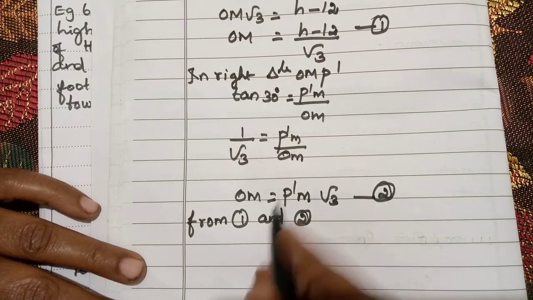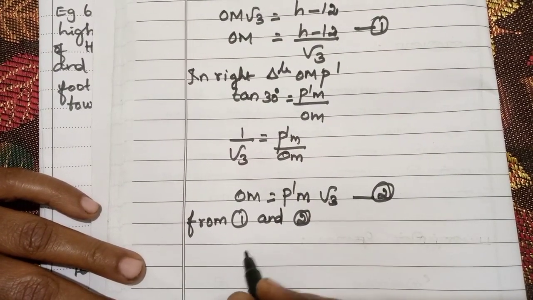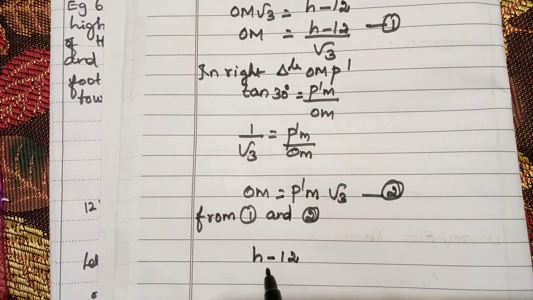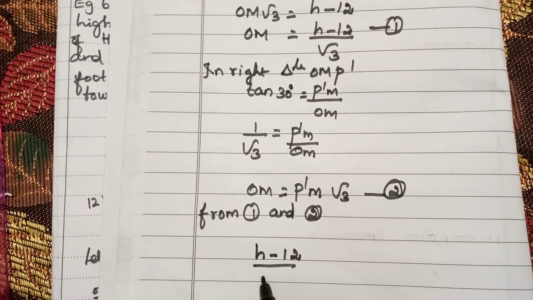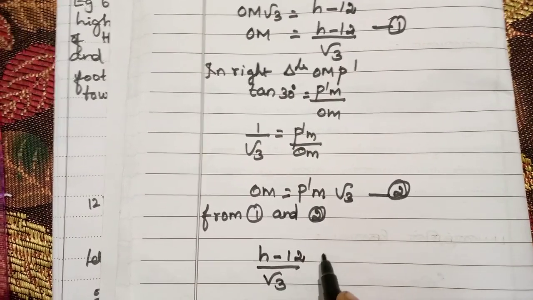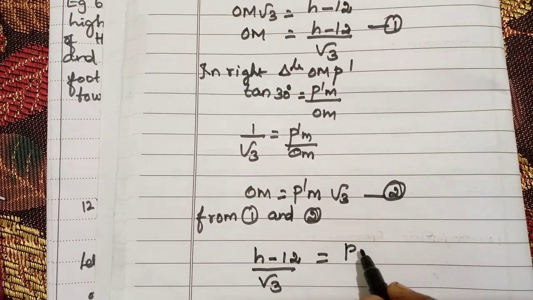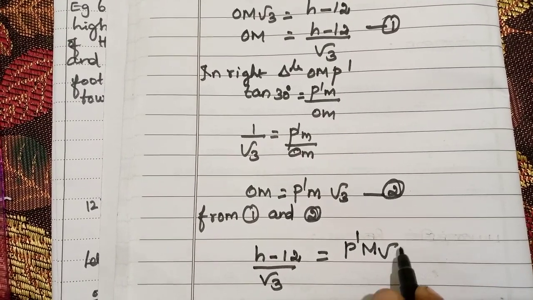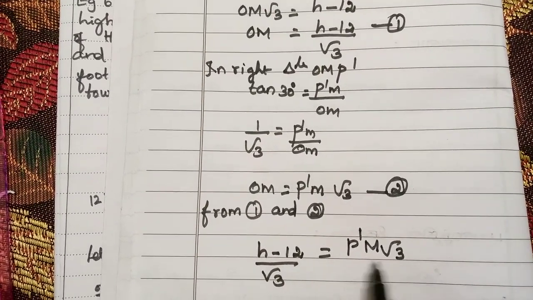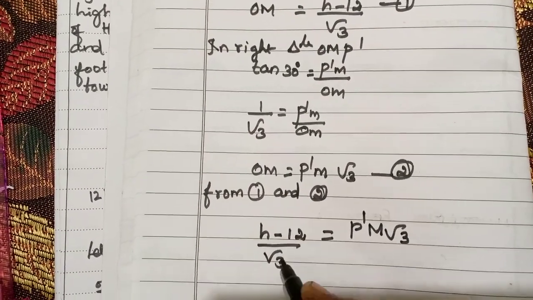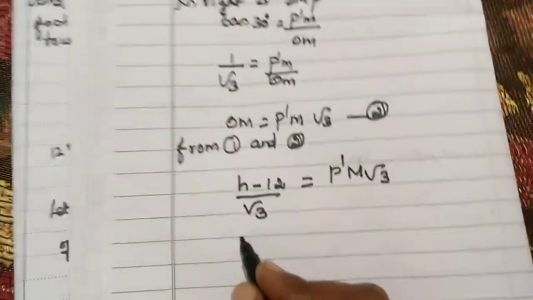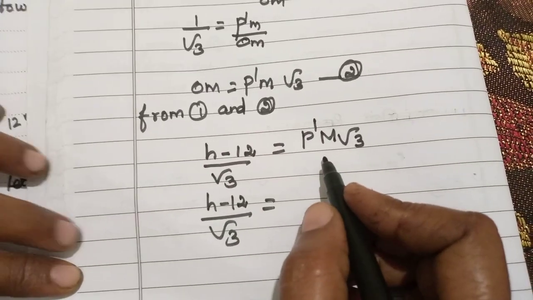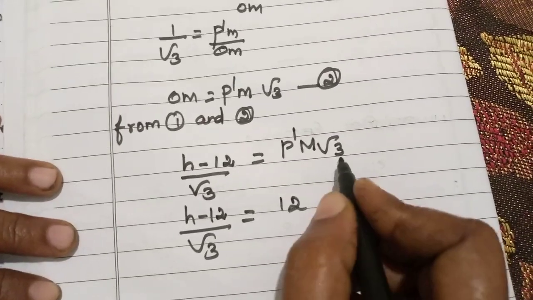So on the LHS we have (height minus 12) by root 3, equal to P'M into root 3. What is P'M? P'M is 12 meter. So (height minus 12) by root 3 is equal to 12 into root 3.